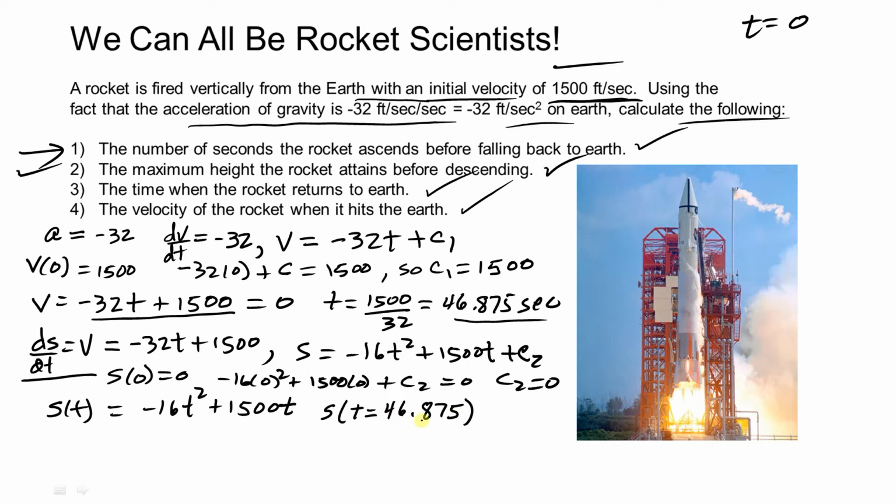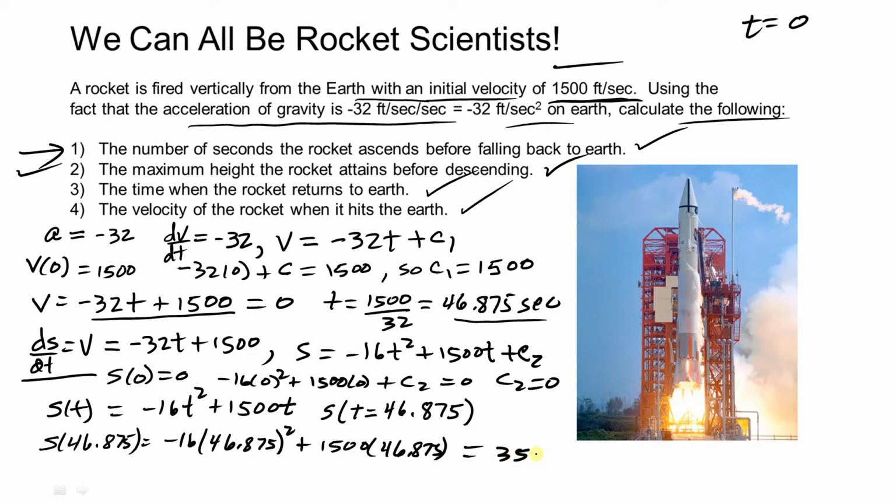So s at 46.875 is equal to minus 16 times 46.875 squared plus 1500 times 46.875, and calculating that, we get 35,156.25 feet. That is how far the rocket goes before it starts falling back.